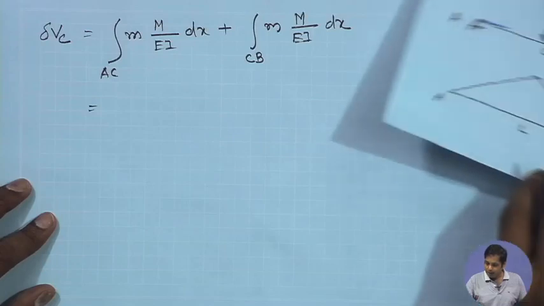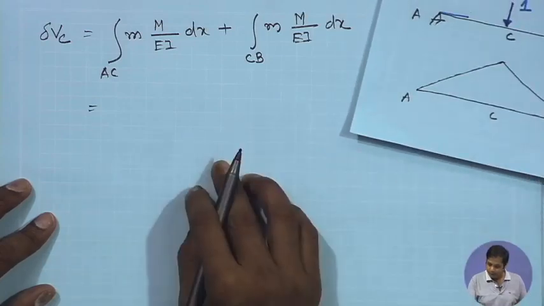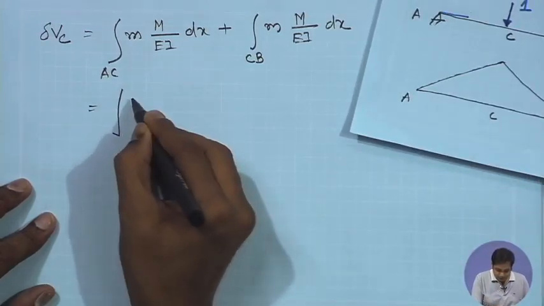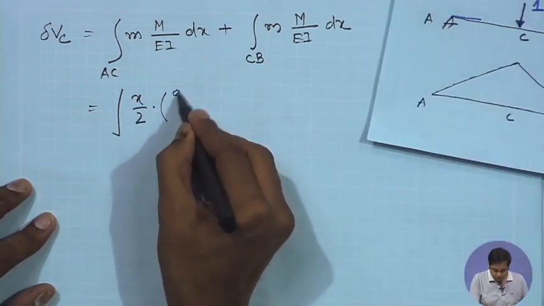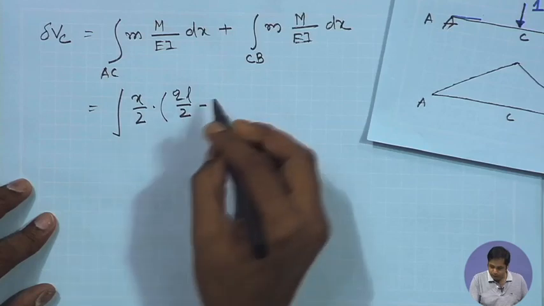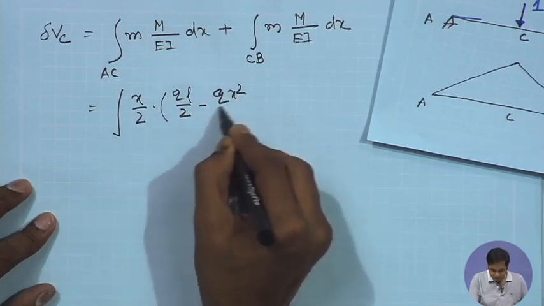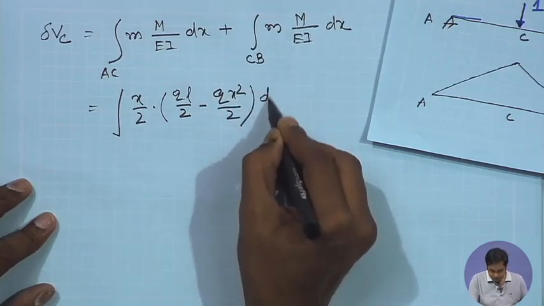Now, write the expression for small m and capital M. The expression will be x by 2 into q L by 2 minus q x square by 2 dx.